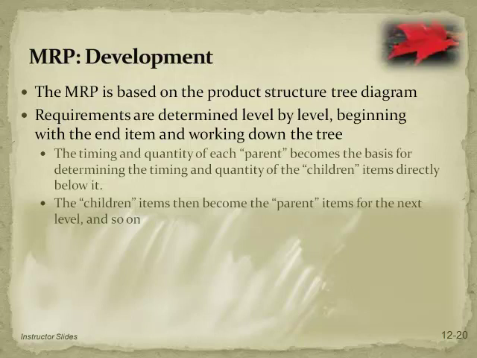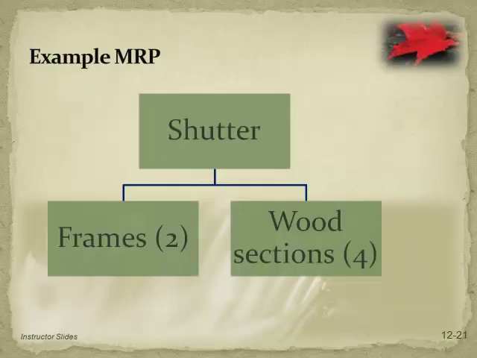We can't complete the planning of that item until we know what the total demand is. That's why low-level code is important. If I know the low-level code is 3, then I can only complete the planning of that item when MRP reaches that level 3.